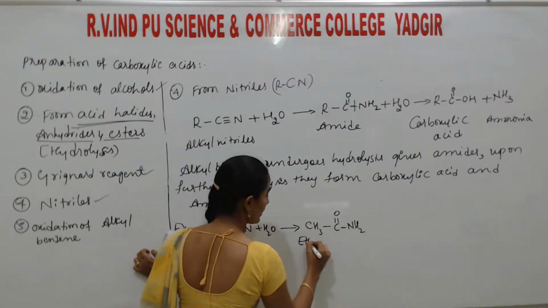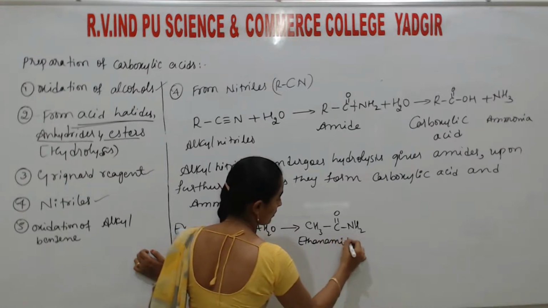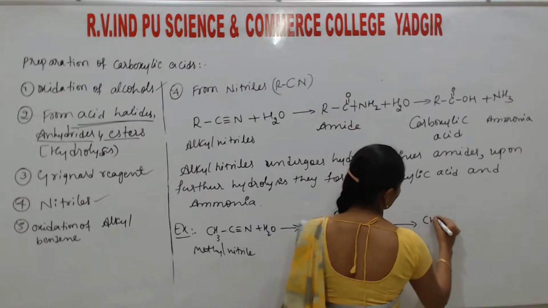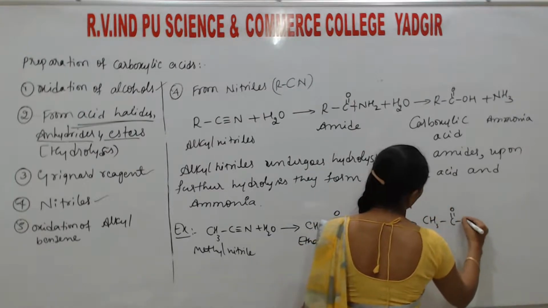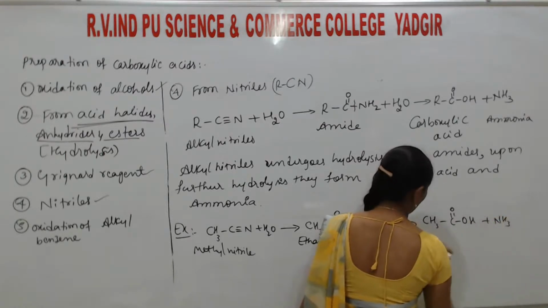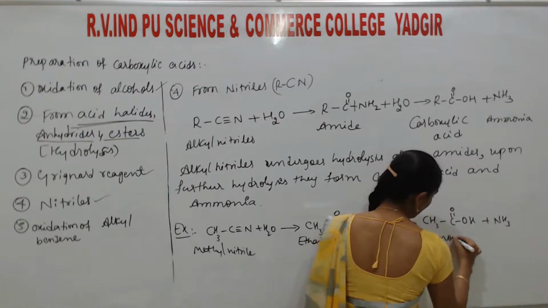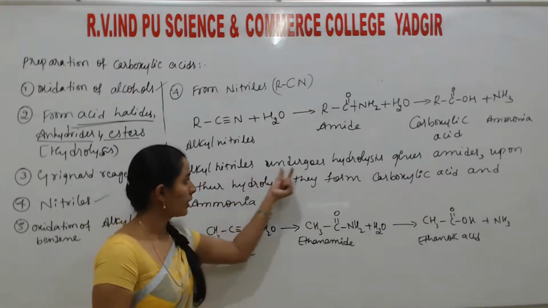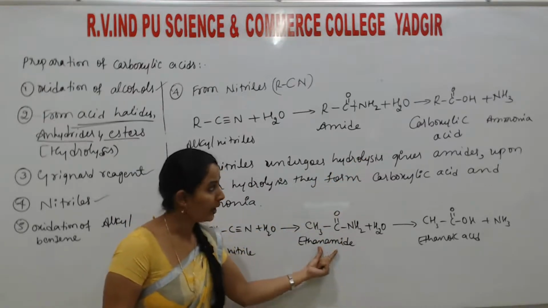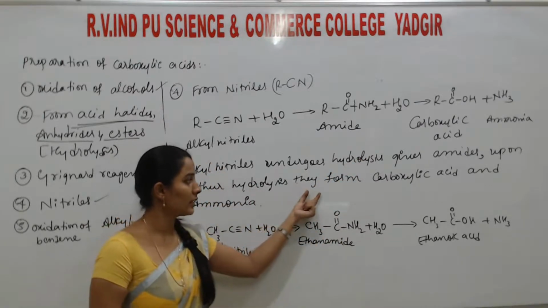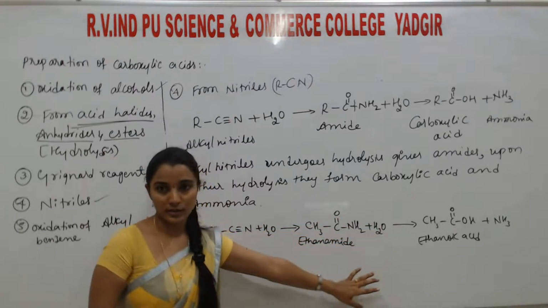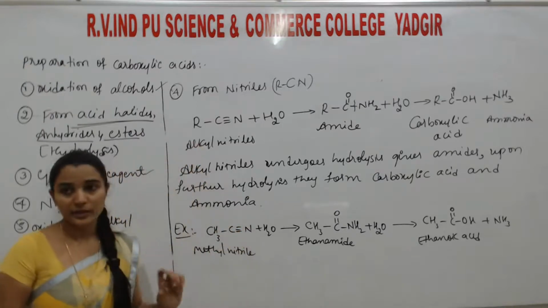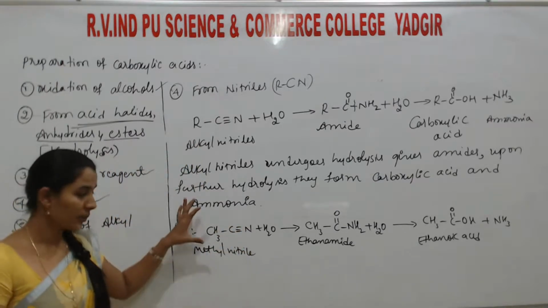So that is ethanamide, plus H2O gives rise to CH3, C double bond O, OH plus NH3. This is ethanoic acid. So when methyl nitrile undergoes hydrolysis it gives ethanamide. Upon further hydrolysis they form ethanoic acid. This is the explanation. Understand? Only alkyl nitriles will react, not aryl nitriles. You cannot take benzene ring here also.